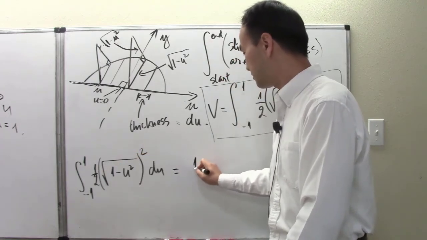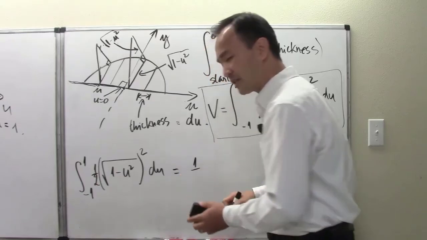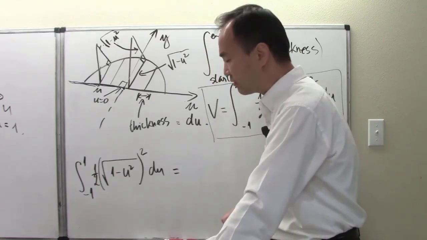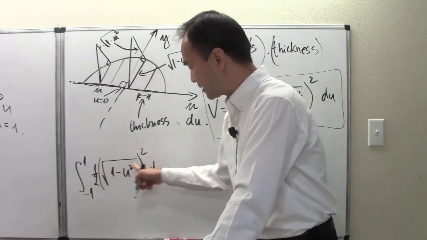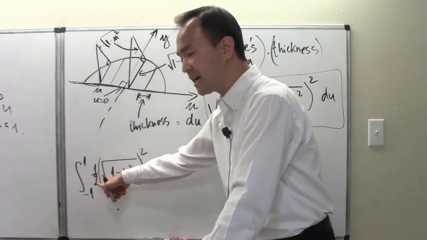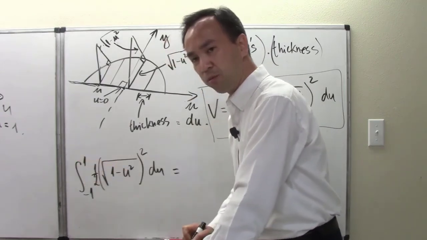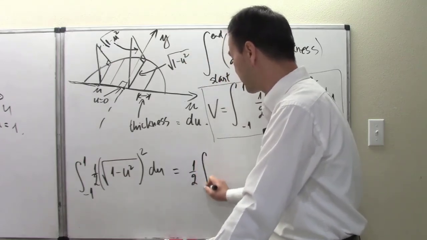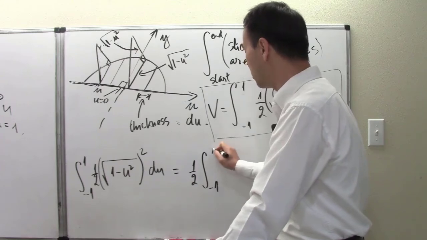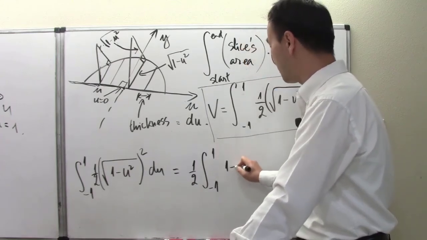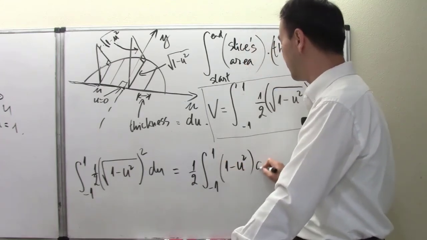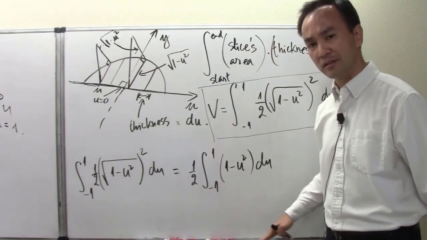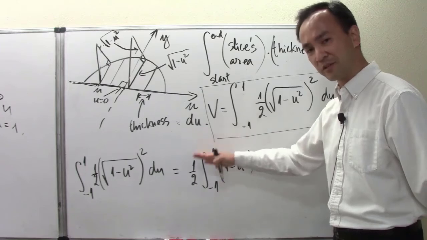So I'm working with the algebra before getting on with the fundamental theorem of calculus. The square cancels with the square root, and the 1/2 can be placed in front as a coefficient. So we have 1/2 times the integral from -1 to 1 of 1 minus u squared du, and the problem becomes even simpler.